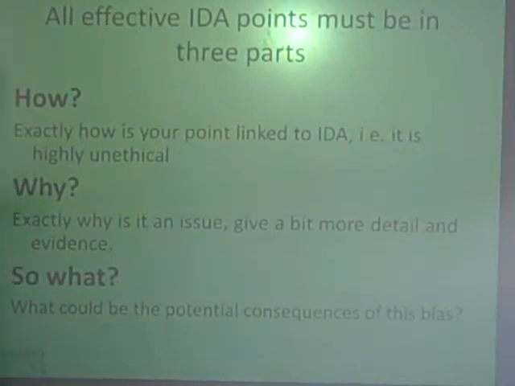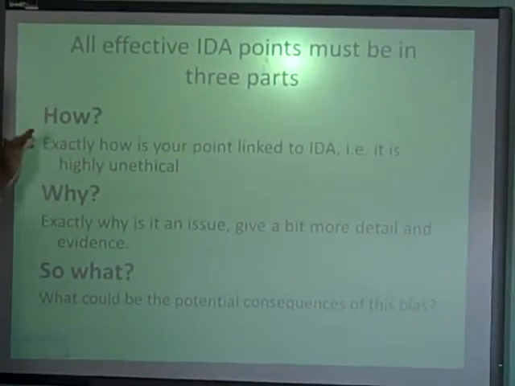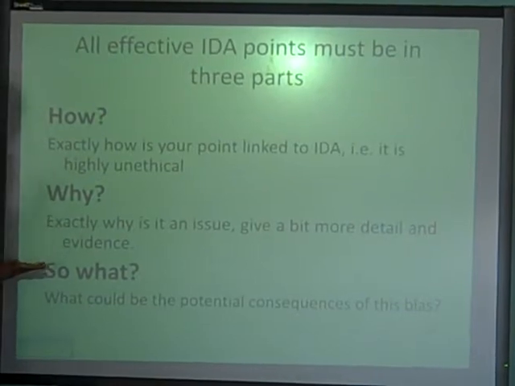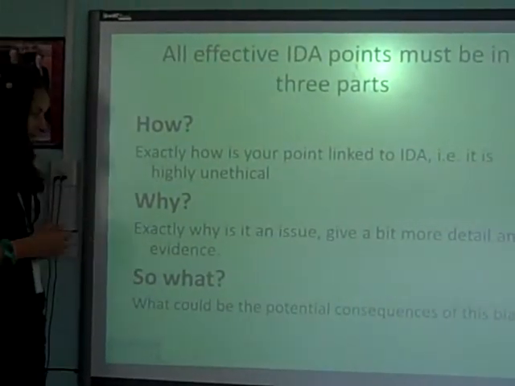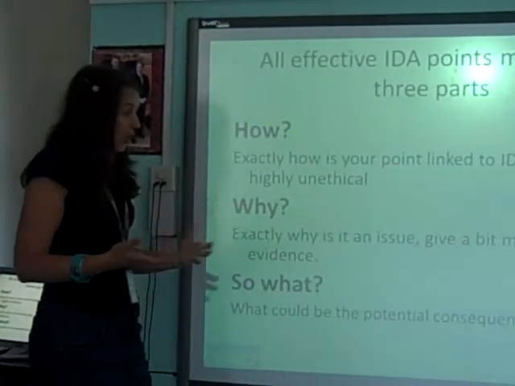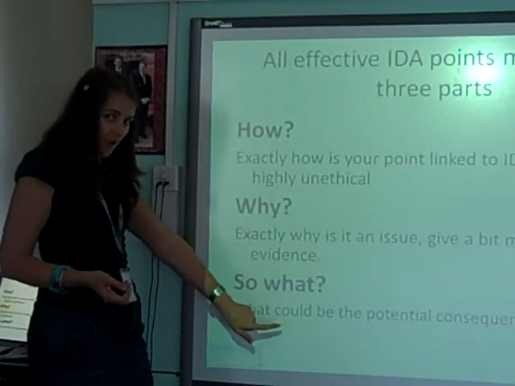Who cares, what's the deal with that? What could be the potential consequence of this bias? If you said it's unethical, this is why it's unethical, so what? What are the potential consequences of it being unethical, in terms of the reliability or validity of the study, or the consequences for the participants? That is the bit that will get you the high mark.